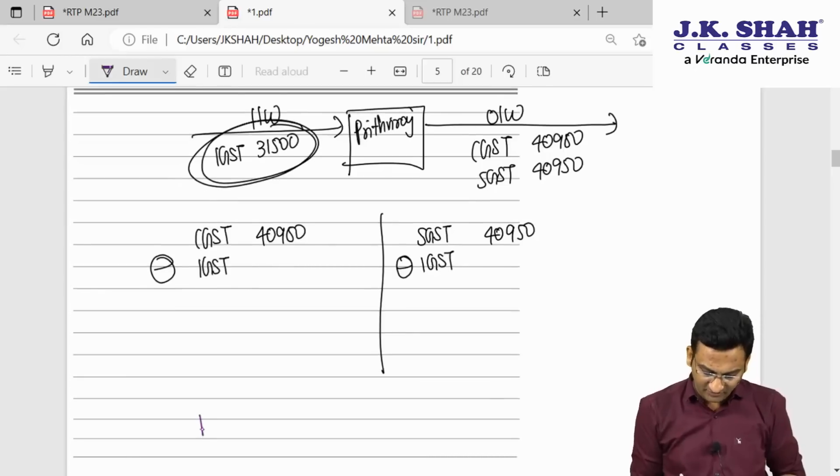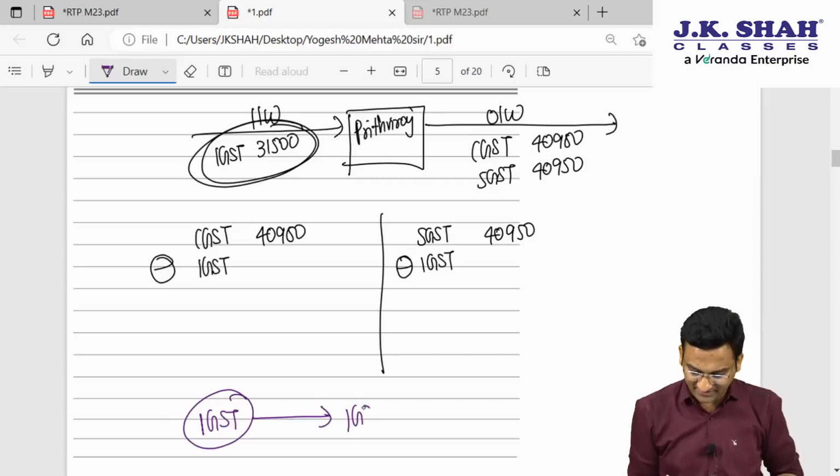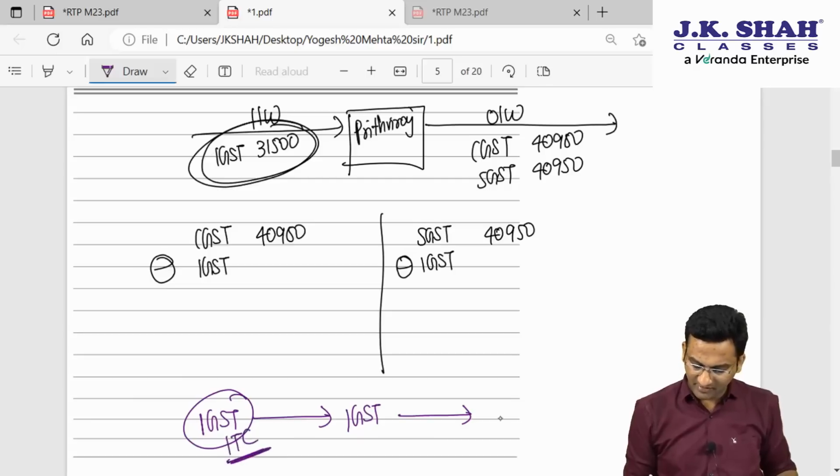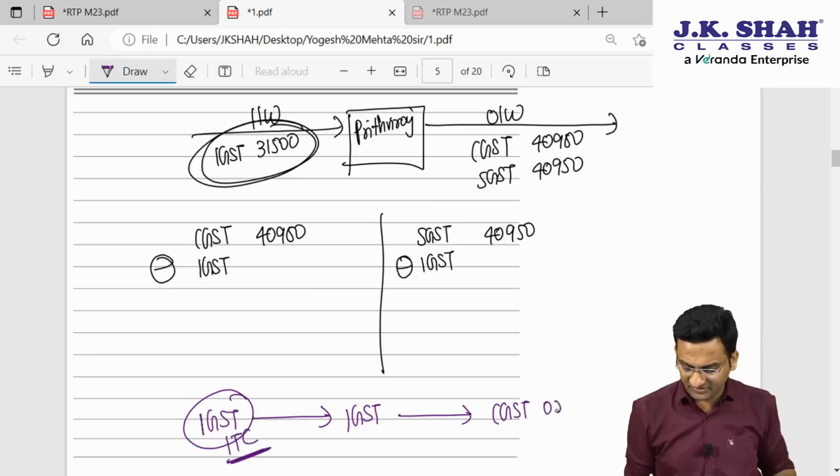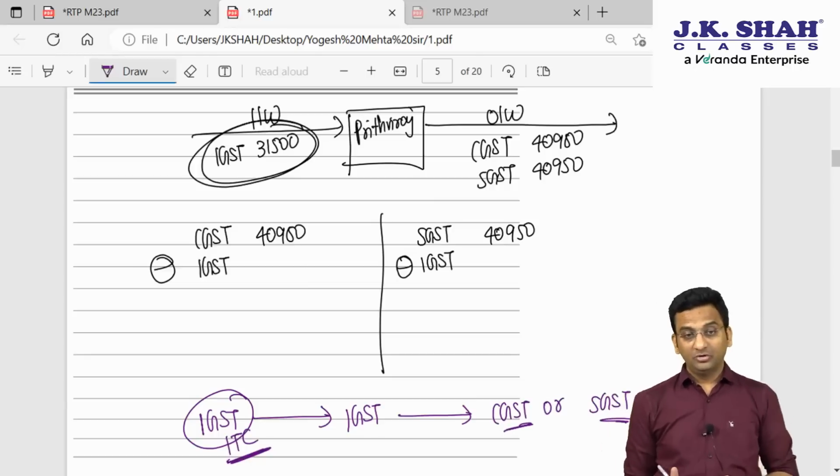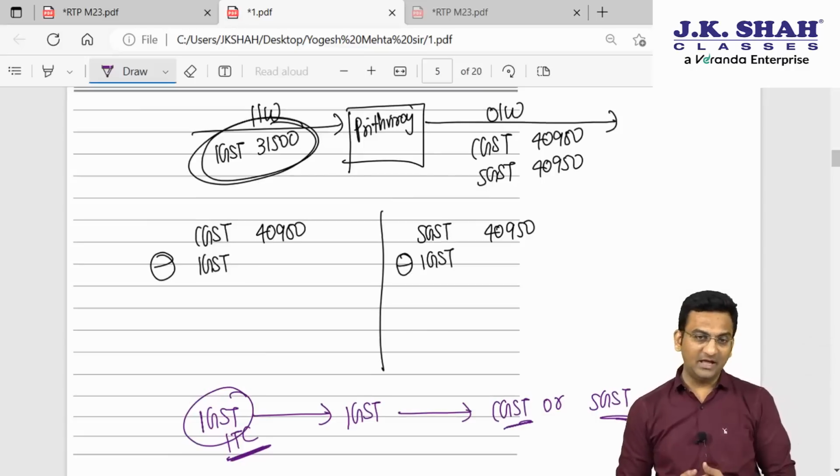So friends, the sequence will be IGST can be first utilized for payment of IGST, and if still the balance remains in the IGST ITC, then it will be used for CGST or SGST in any proportion, correct? So in this case, friends, multiple answers are possible.